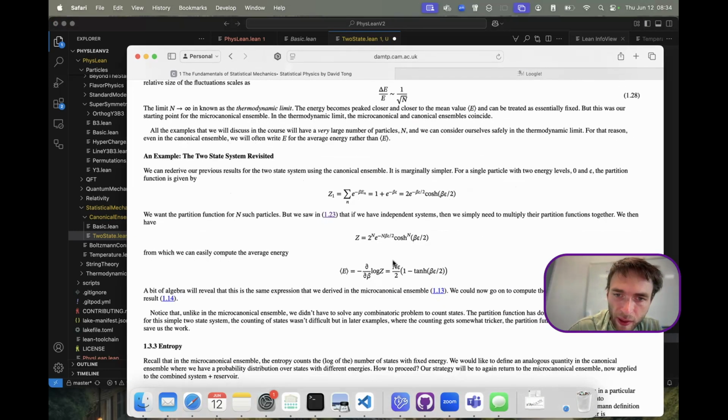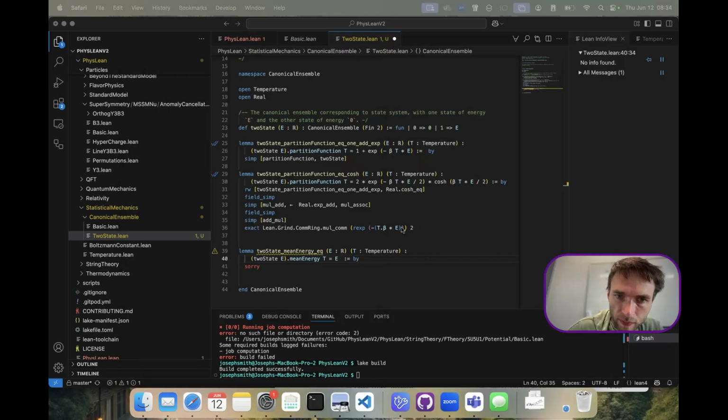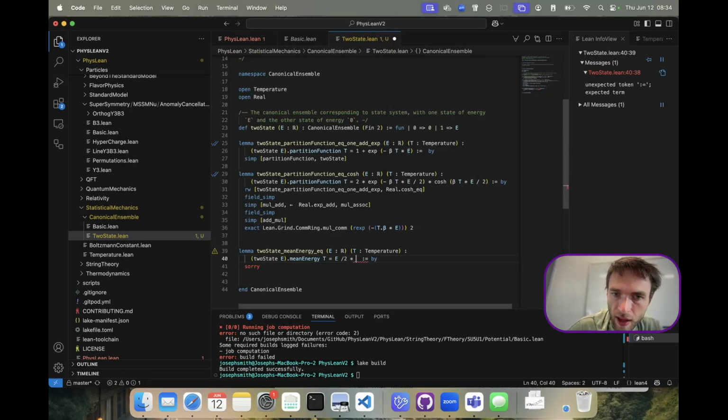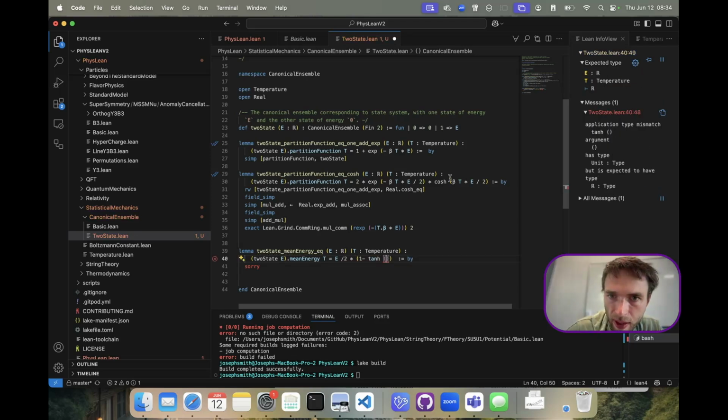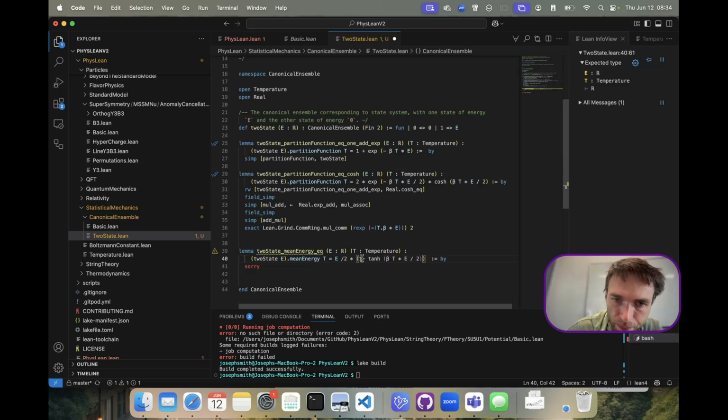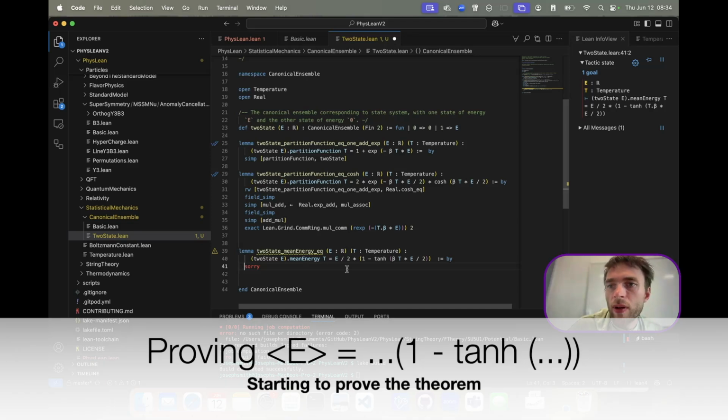So we want to show that this is equal to E over 2 times by 1 minus tanh times by this thing here, or as a function of this thing here. And let's make this look nice. So we now want to show this is true.